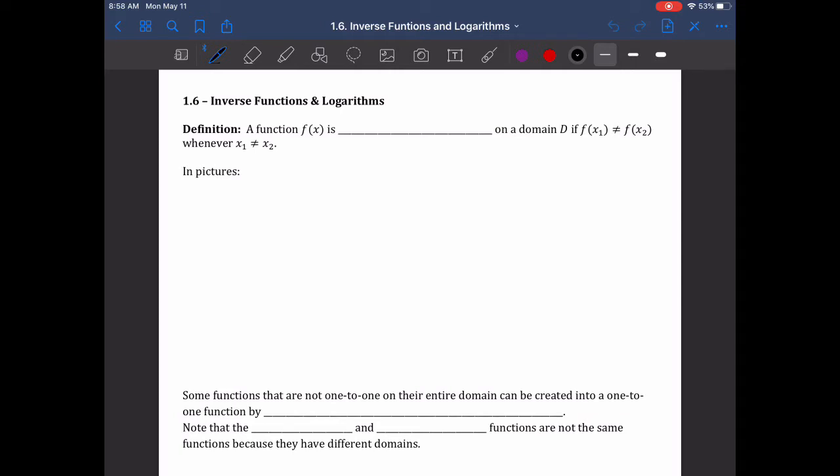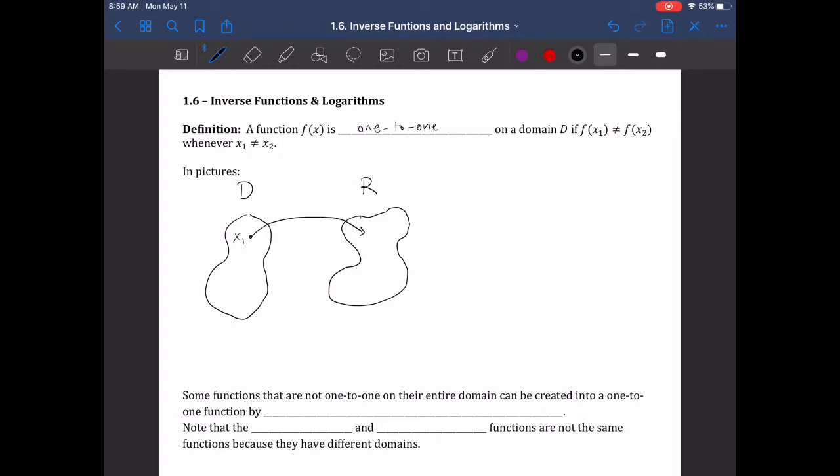Well, some functions are what is called one-to-one. So a function f of x is one-to-one. What this means is that not only do you only get one output for every input, but no inputs will give you the same output. So basically what we mean by this, just in a picture, is if we have some sort of domain here and some sort of range here, for every x1 I put in, it's going to map me to a specific output.